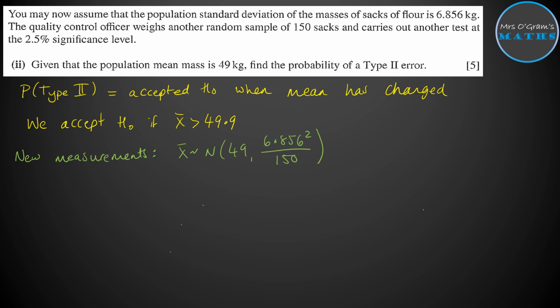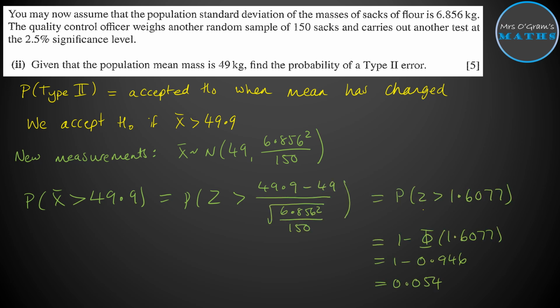So there's our new distribution, and we're working out the probability that x bar is greater than 49.9. And that comes out to 0.054 at the end. And I've just realised that I've worked it out not to 3 significant figures, so just add whatever third decimal needs to be there.